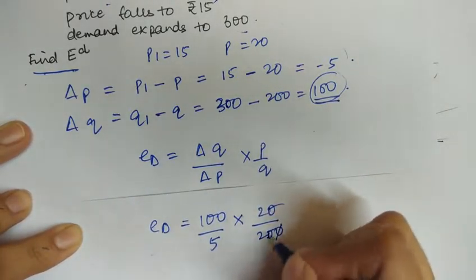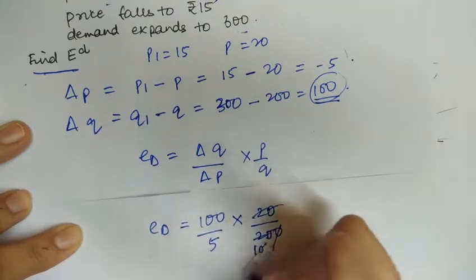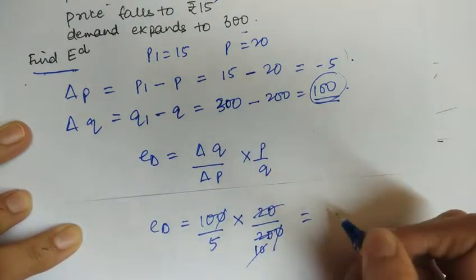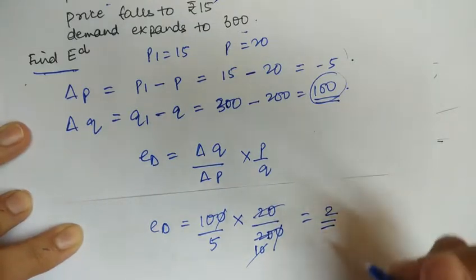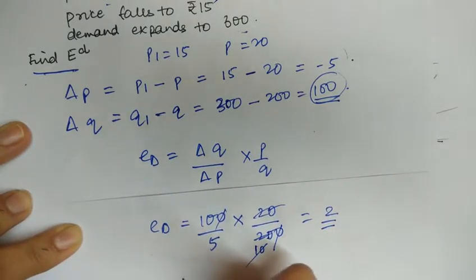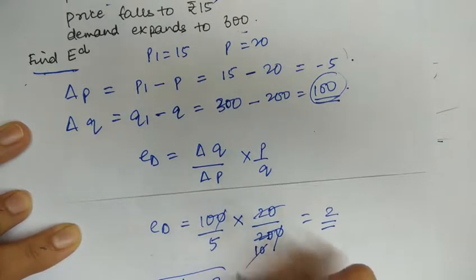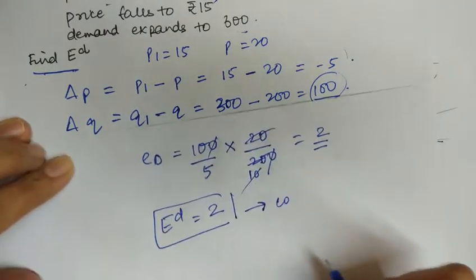So you will see that after calculating, this will come out to be 2. So the elasticity of demand is equal to 2. That means 2 is the coefficient of the price elasticity of demand.